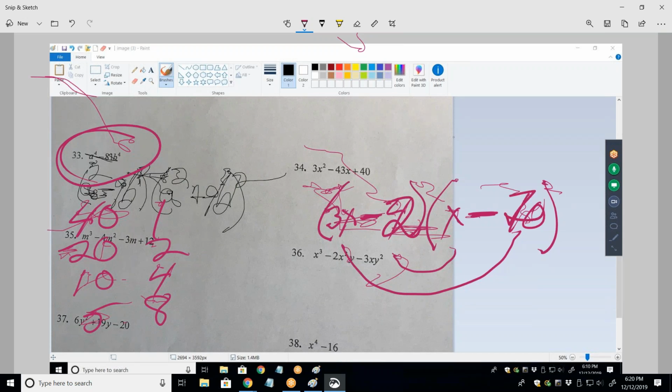What's that give me for a middle term? 62. Too big. So let me swap those terms. Let me try the 20 on the left and the 2 on the right. That gives me 26. So that's not right. So we are left with the only thing left to try, which is 40 and 1.